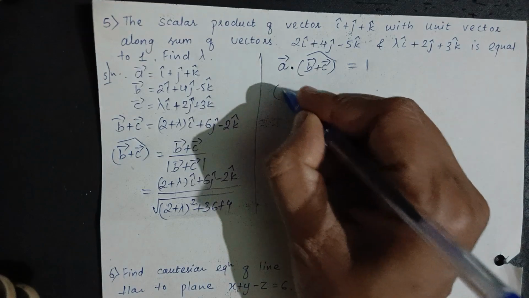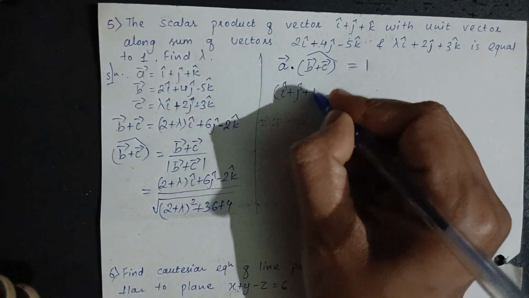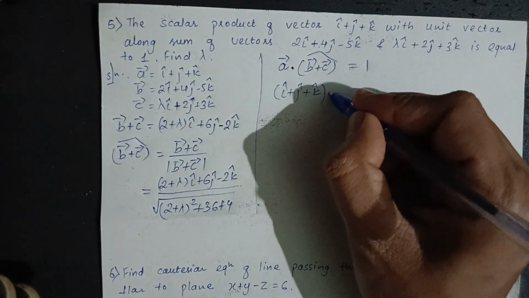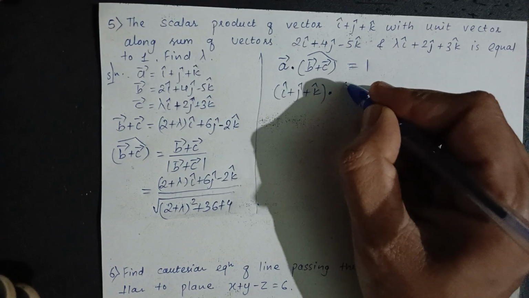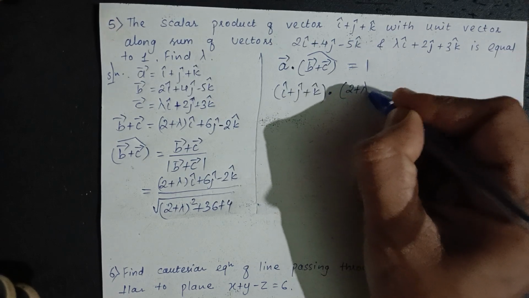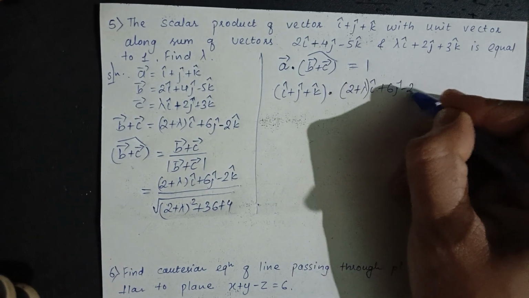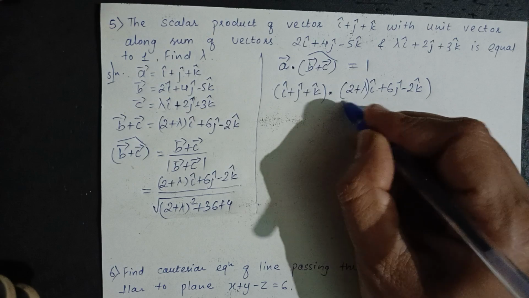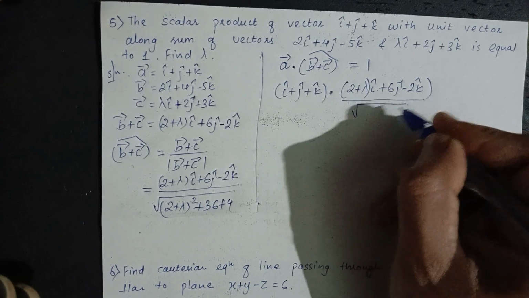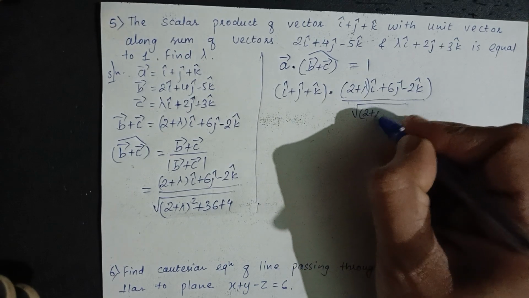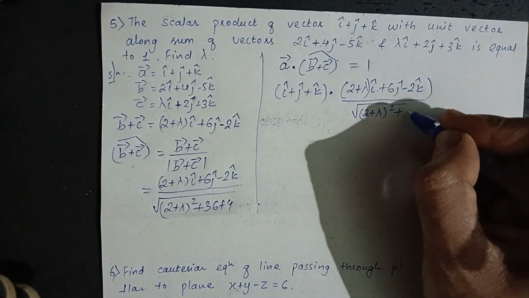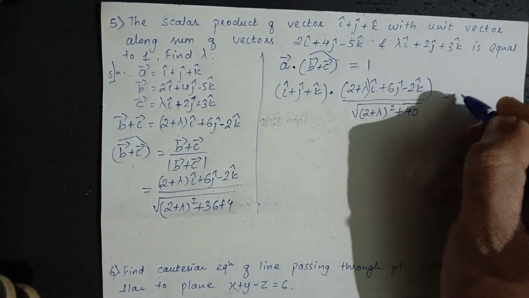So i plus j plus k dot this thing, 2 plus lambda i plus 6j minus 2k, upon root of 2 plus lambda the whole square plus 40, equal to 1.